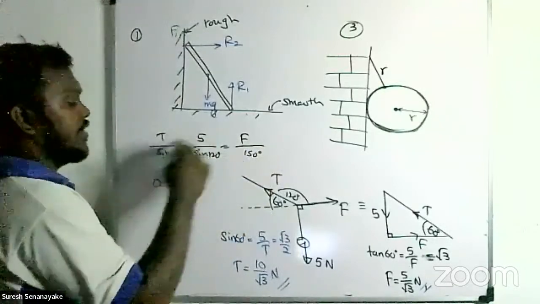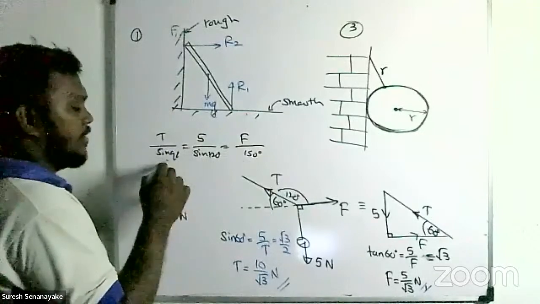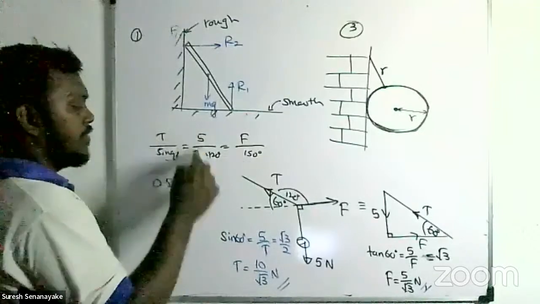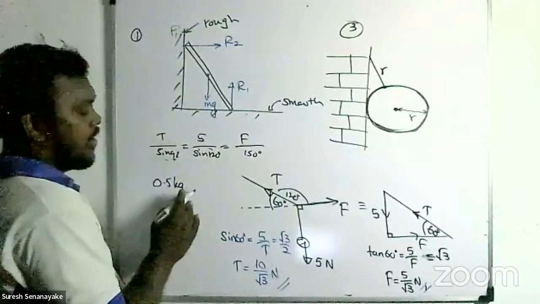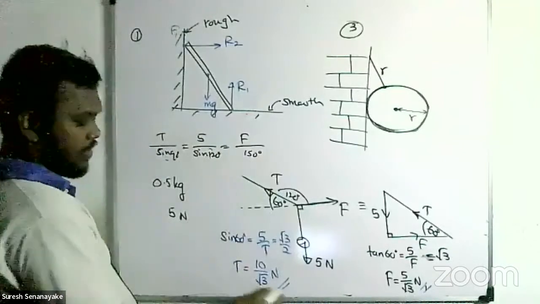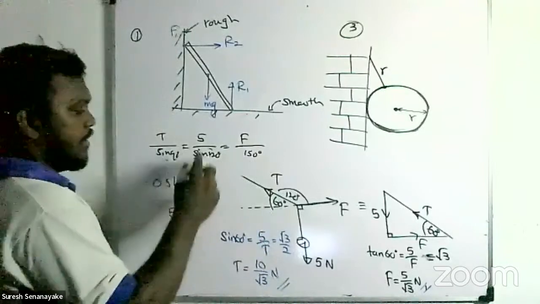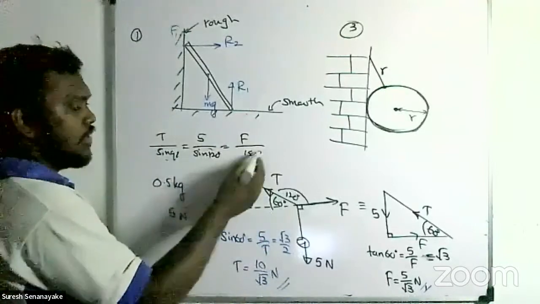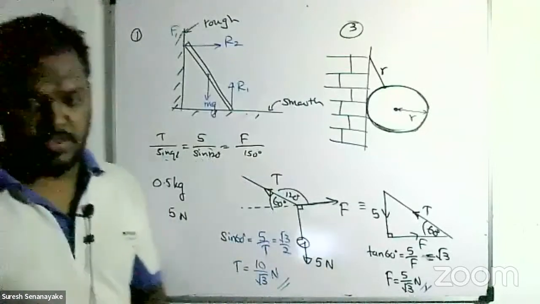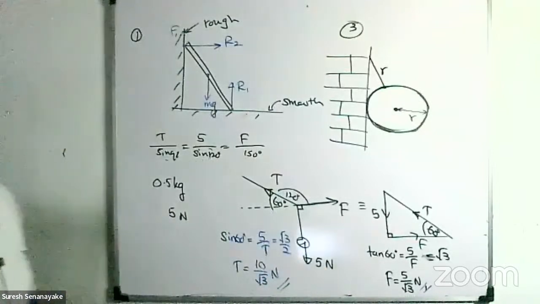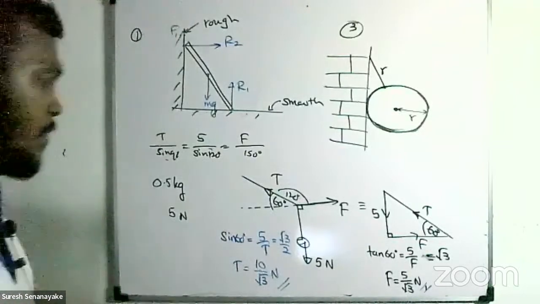Sine 90 is 1, so T equals 5 over sine 120. Sine 120 is root 3 over 2, so T equals 10 over root 3. By equating these two, F equals 5 over root 3. This is easy, you can simplify and give the answer.